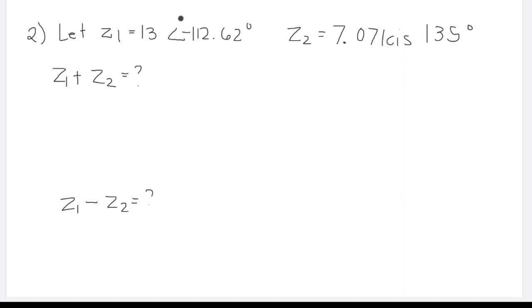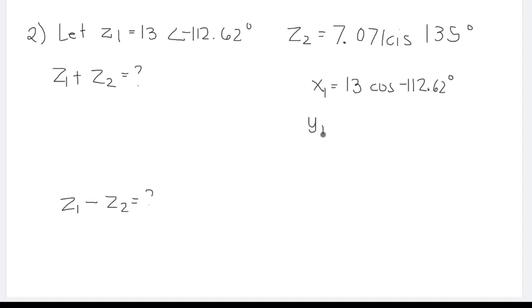So first, we need to get the value of C1 in terms of rectangular form. Since wala naman discuss or walang solution na pag siya ay nasa polar, we just add R1 and R2. So we need to convert this into rectangular form. In converting to rectangular form, x1 is equivalent to r, which is 13, times cosine of negative 112.62 degrees.